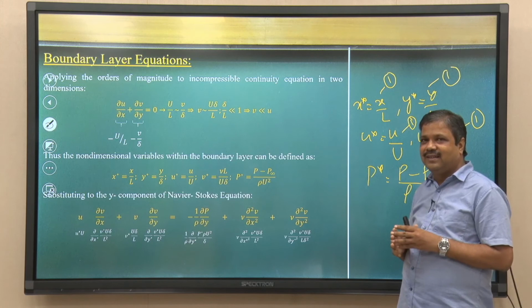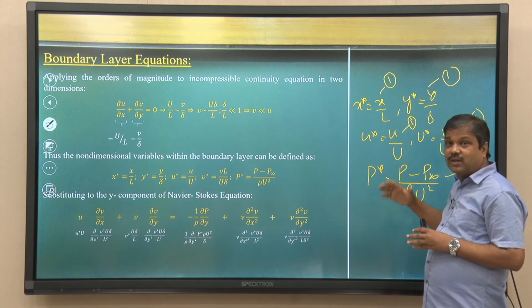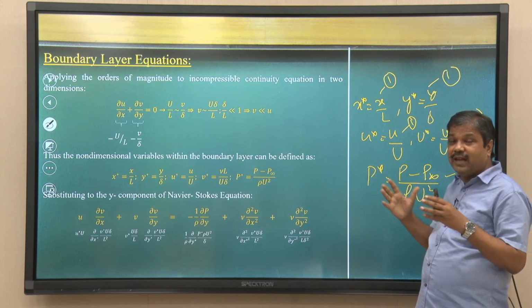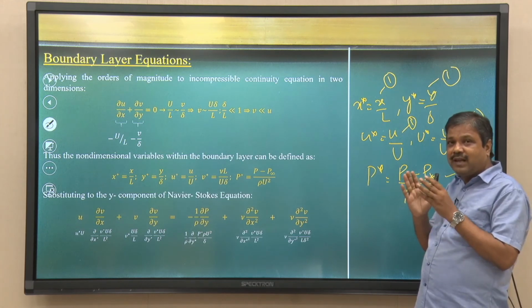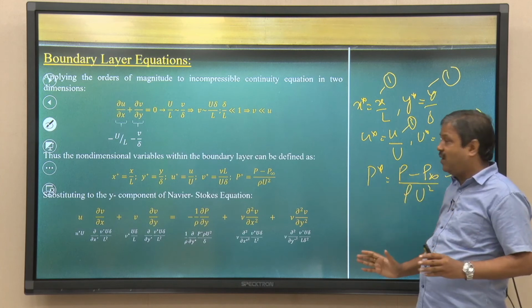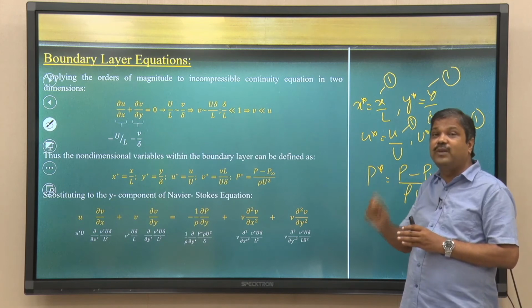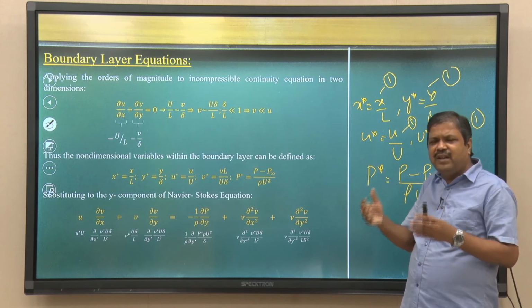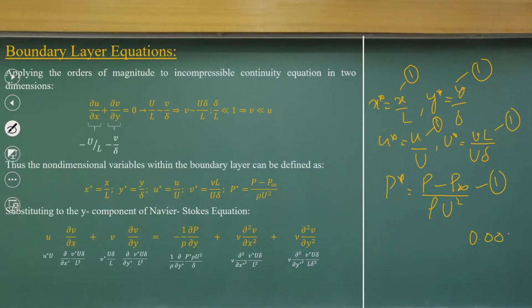That is the strategy: each non-dimensional term has order 1, but some of the parameters are much smaller. So we can understand that those are the parameters we can drop. That means we can simplify the Navier-Stokes equations by dropping terms which are not dominating and have very small order values, compared to these values of 1. If something is 0.0001, should I consider it? No. If something is 0.000005, I should not consider that.